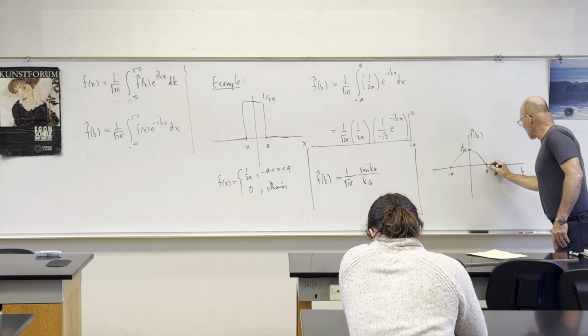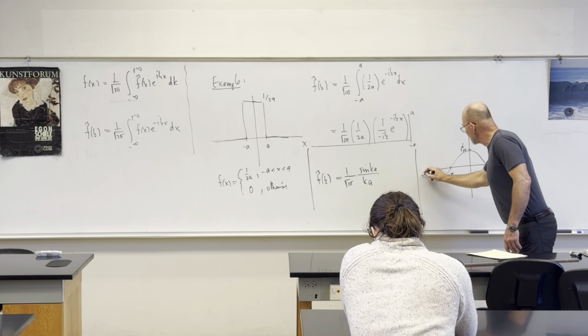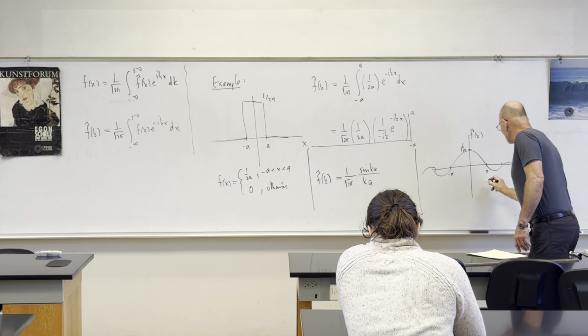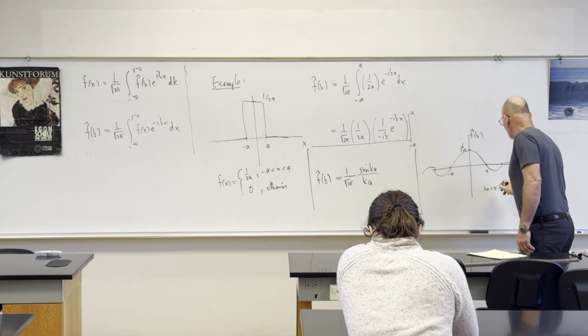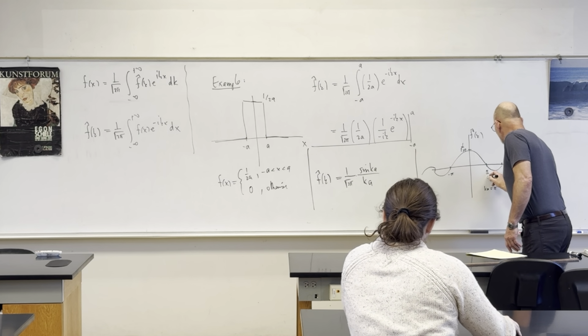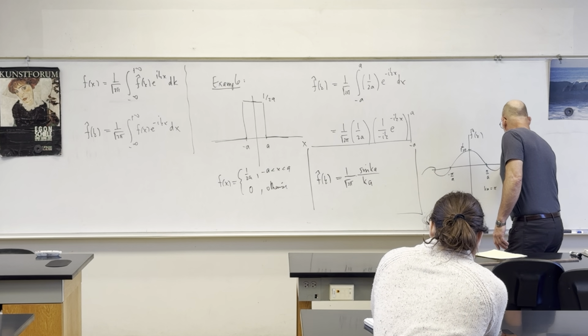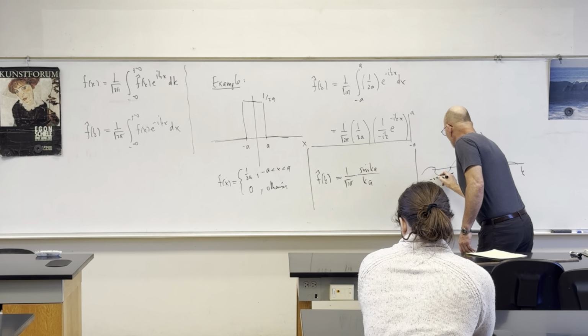Okay, so where were we? We've got this thing and it gets smaller and smaller. Of course, that's not pi, that's ka equals pi. So ka equals pi, k equals pi over a, which is also important. 2 pi over a.